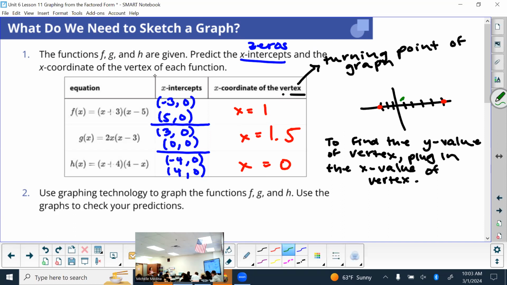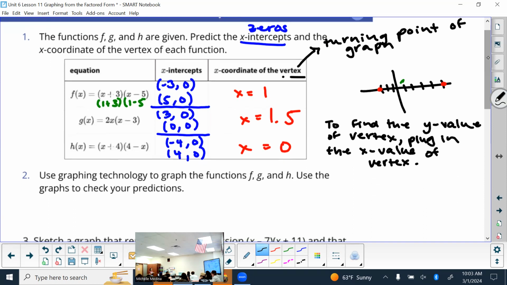So if I do that for this one, if my x was 1, or I know you might not have a whole lot of room, there's a backside too, if you need to, but just fit it in somewhere. That f of x could be replaced with y.